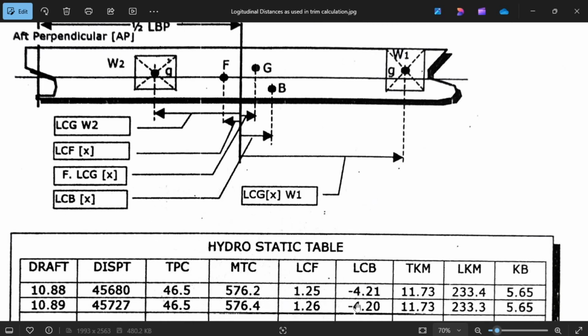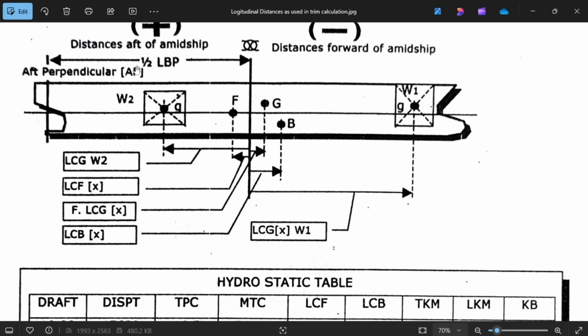So all negative, okay? But if your center of rotation is behind this amidship, so you're behind, backward. This small arrow here will be your center of rotation, or what we call your tipping center.